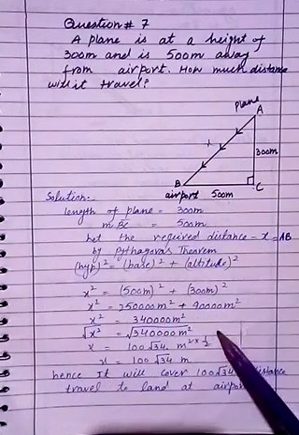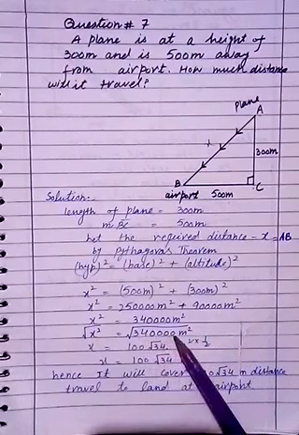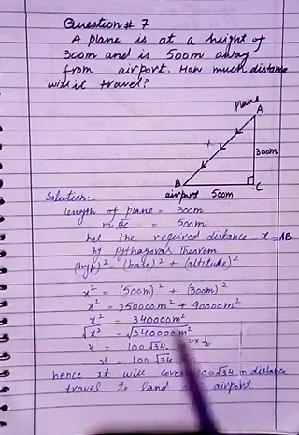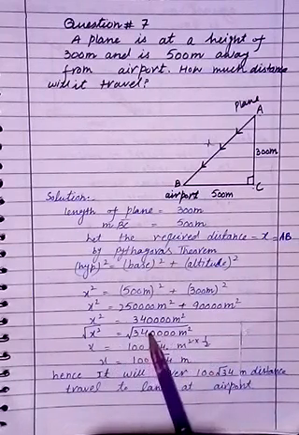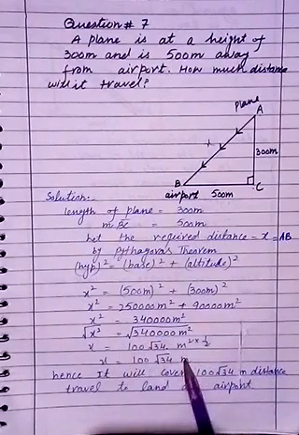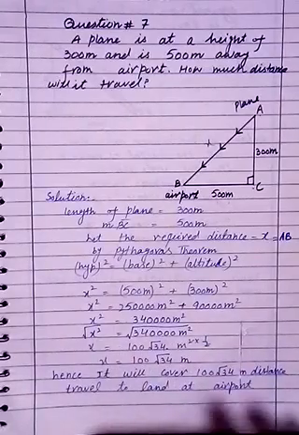Now after putting the values, you have to get 3,40,000 meter square. Now you can directly find the square root, then it will be correct. And if you make factors, then you get 100 under root 34 meter. Both ways are correct. So hence it will travel 100 under root 34 meter distance to land at the airport.